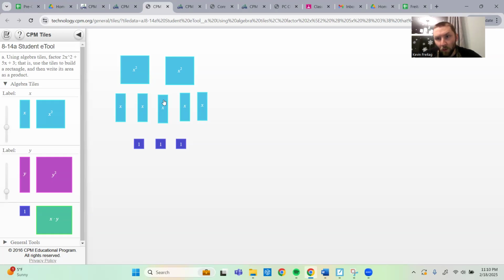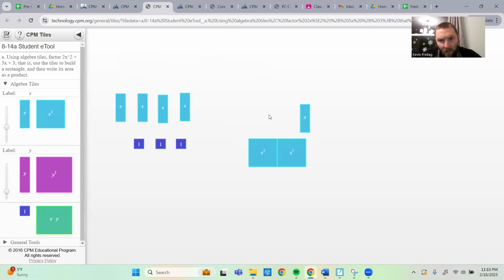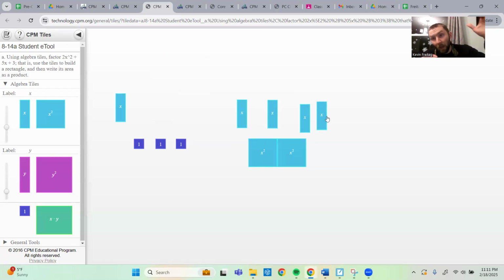Now, if you remember, one of the rules that we use to factor quadratic expressions with algebra tiles is we always put our x squareds in the bottom left corner, okay? So I put the x squareds here in the bottom left. There's 2x squareds right there. And now these x tiles are going to get split up, some along the side and some across the top of the x squared tiles.